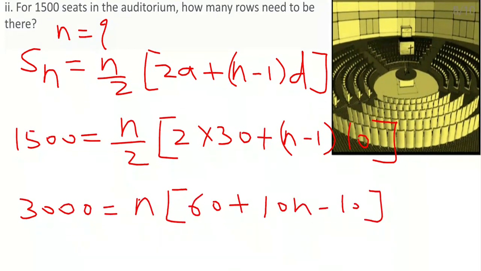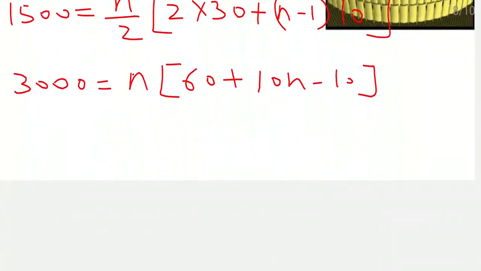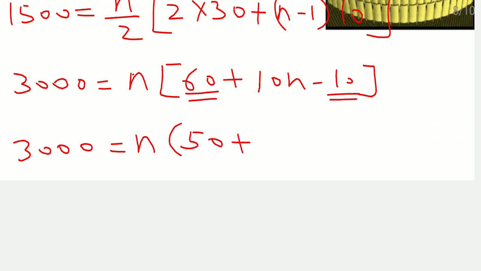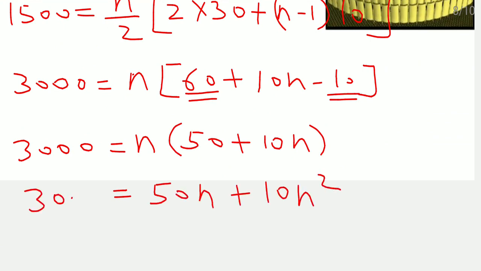Okay, now come to the next one. Here 3000 as it is, which is equal to n in the bracket 60 minus 10, which is 50 plus 10n. I think so we'll get the quadratic equation here. So 10n square and here 3000.